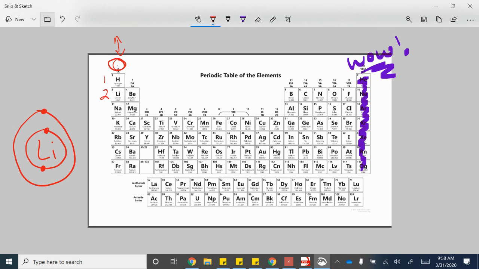So if we were looking at helium, it is in the first row. So it has one shell, and helium's a weird one. It has a full outer shell, but remember that first shell only has 2 electrons. If we're looking at neon, it's in the second row, so it has 2 shells. First shell is full, and the outer shell is filled, and it has 8 electrons.